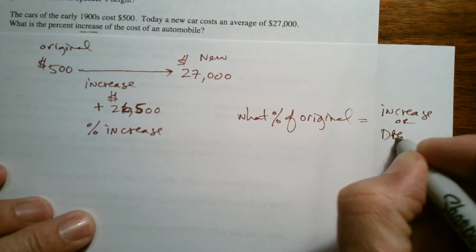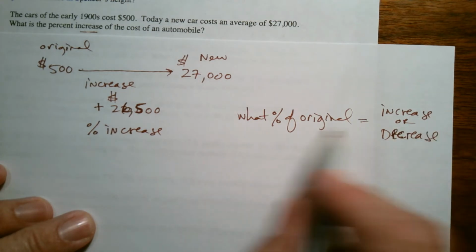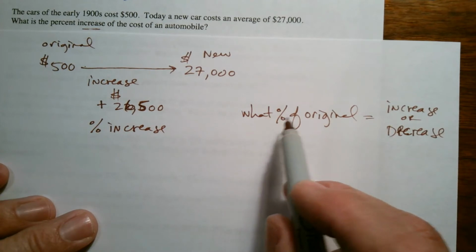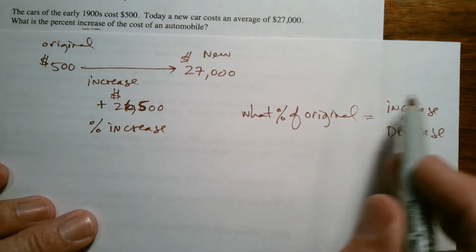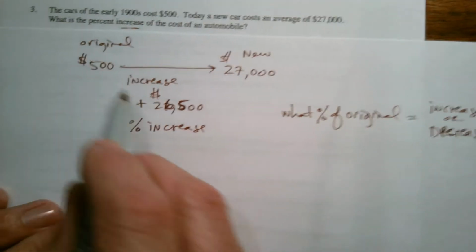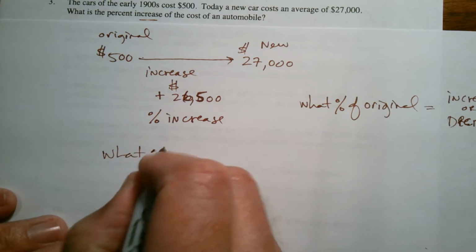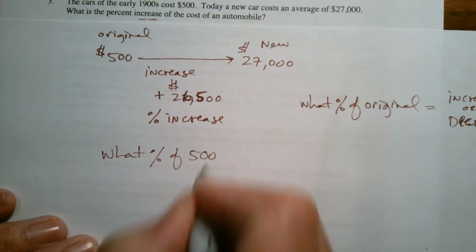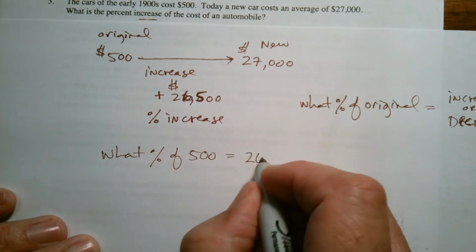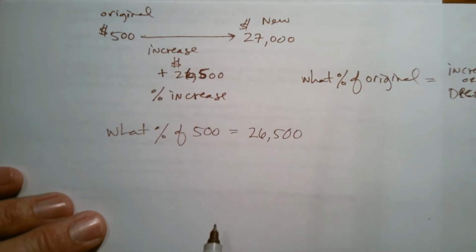That's how we determine a percent, by looking at this as an equation. So I'm going to write my statement: what percent of 500, because that's the original, is equal to the increase, which is 26,500.